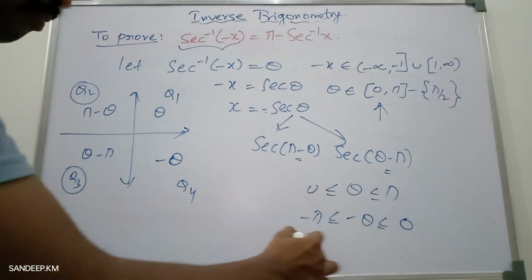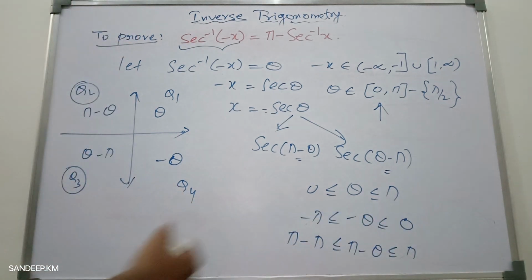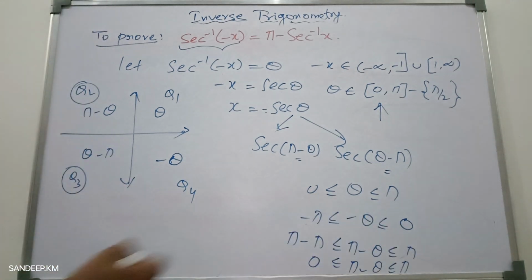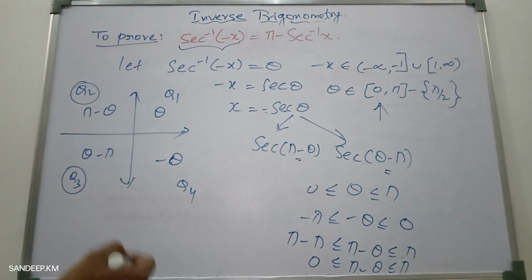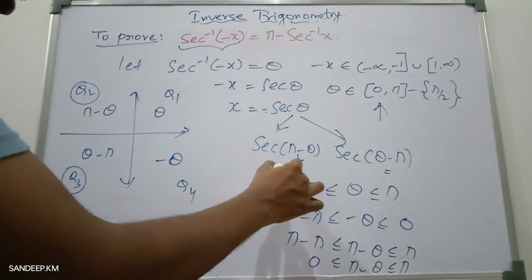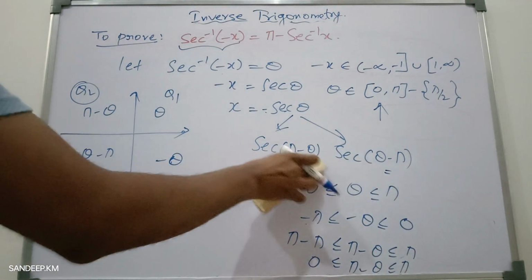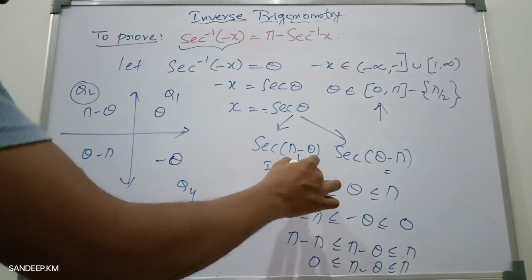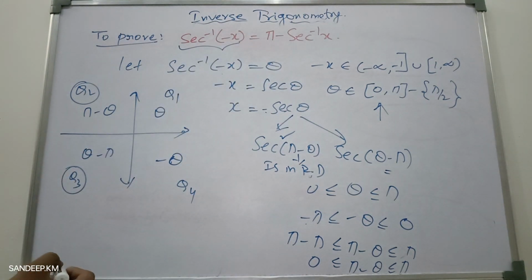Pi added here, here, and here. So pi minus theta is between 0 and pi. That means pi minus theta is in the restricted domain of secant. Therefore, we have to consider secant of pi minus theta.